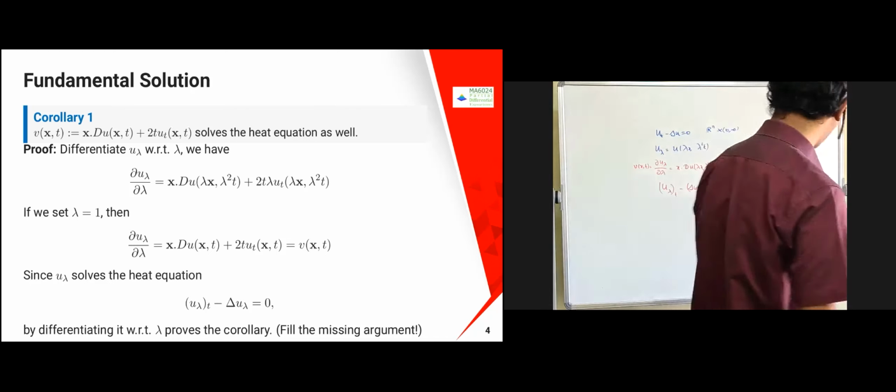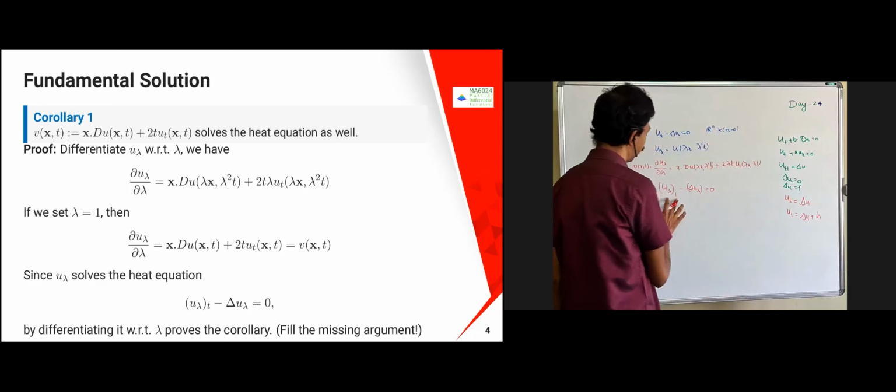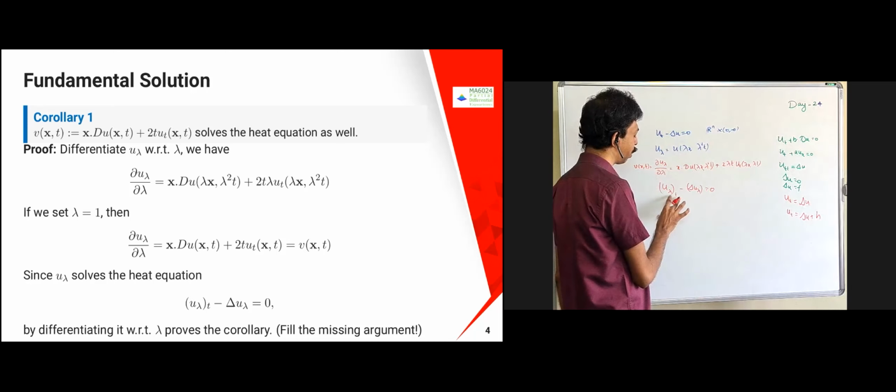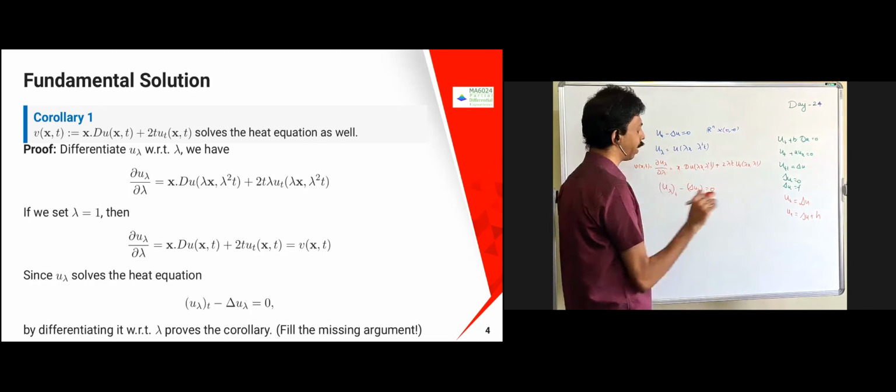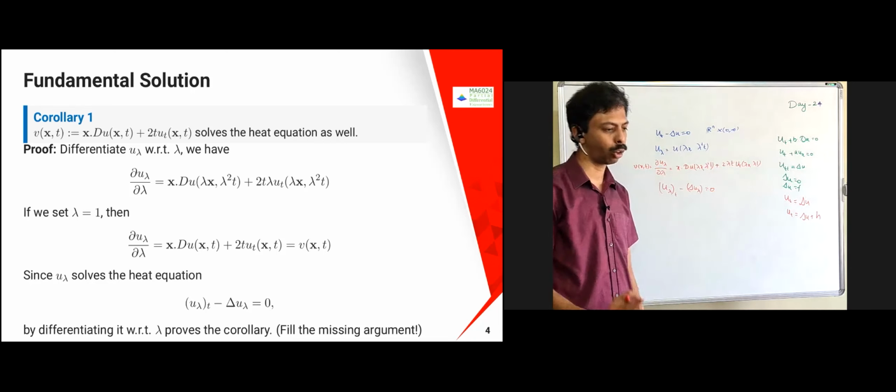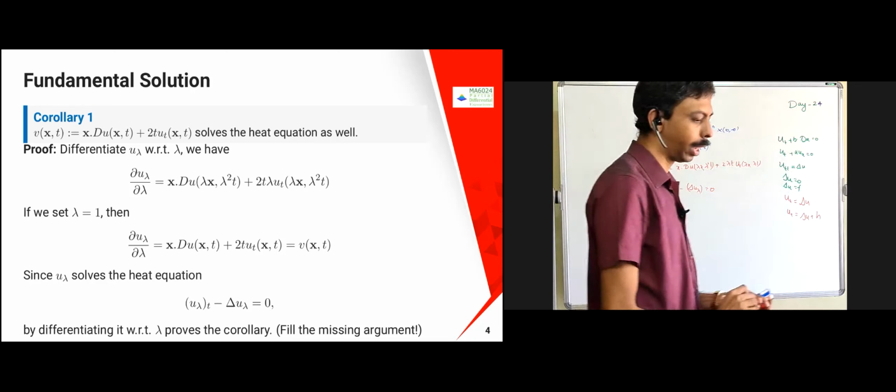If we assume that this is continuously differentiable, etc., then you can interchange the derivatives. So you get that this v of x comma t, meaning dou u lambda by dou lambda, is going to satisfy the heat equation.